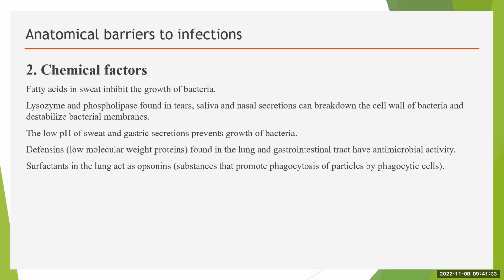As you might be aware, when we talk about reproductive health, it is very, very important that we maintain a particular pH in the reproductive areas, especially in females. Once that balance and the pH is distorted, that actually leads to a lot of infection, especially in women.